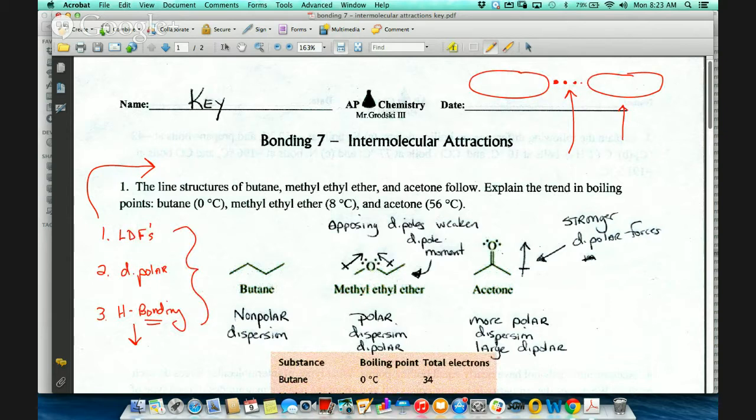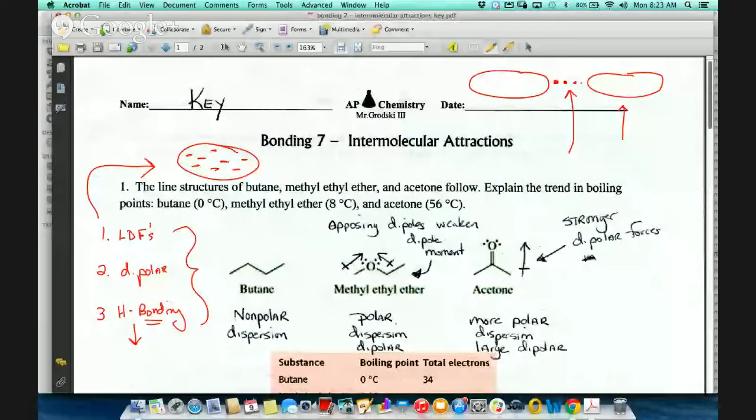Okay. Now, when we think about London dispersion forces, we think about an electron cloud. Because they're nonmetals, electrons are held pretty tightly. They're not usually delocalized; they're very localized. However, this electron cloud around the molecule can move a little bit.